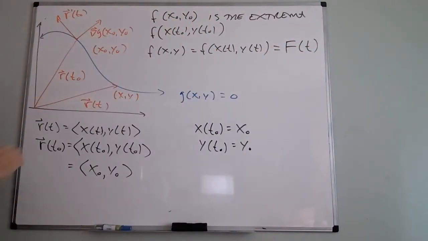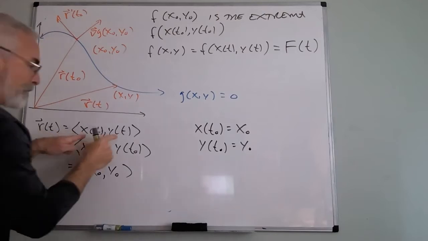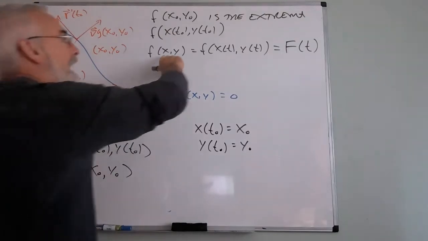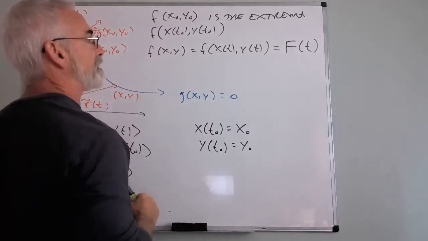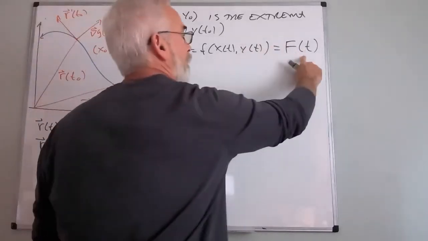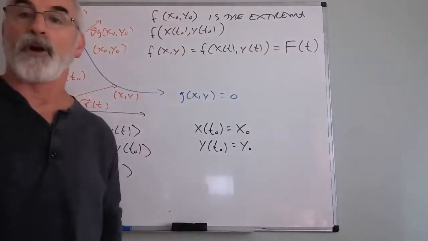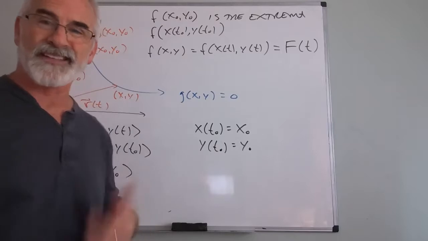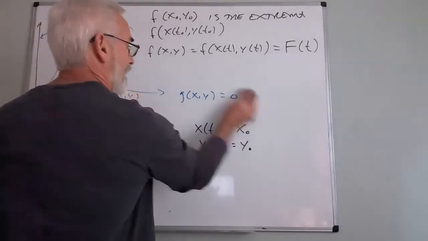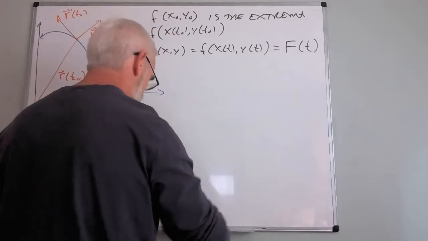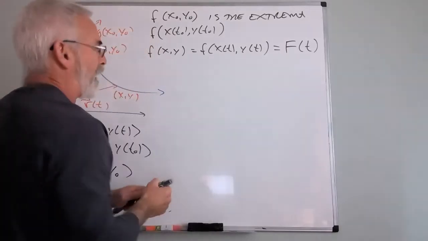Much the same way we have a position vector that's made up of the little x and y. I have an f of x, y, but if x and y are technically functions of t, then I want to just call this one big old function of t. Nothing wrong with that. It's really simple to think about it in those terms. I want to keep it really simple because it seems like I'm making things up as I go. I kind of am.